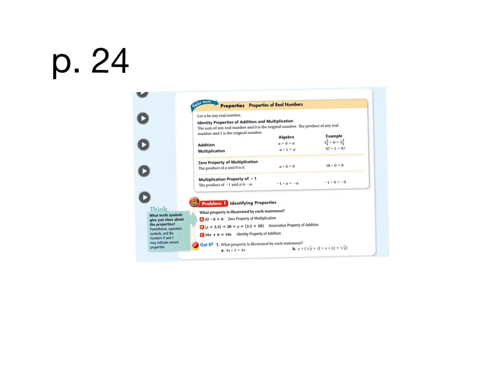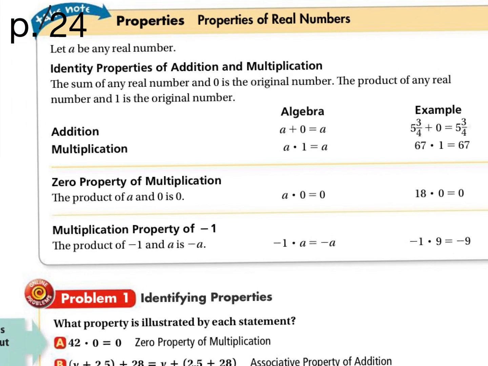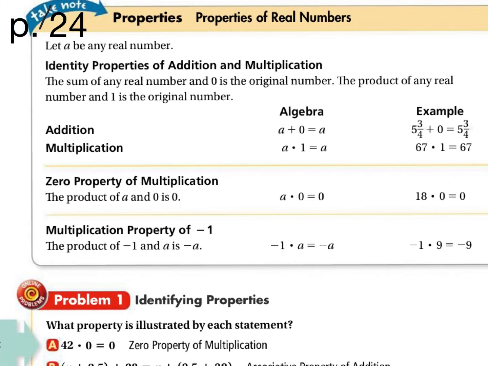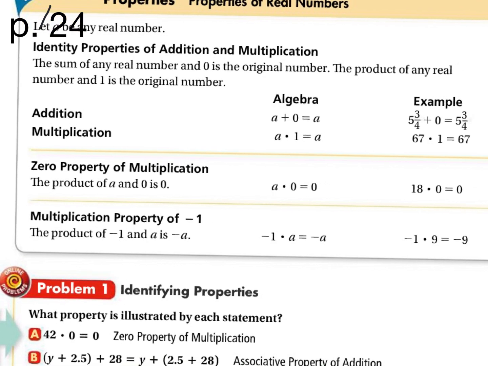Page 24, a few more properties. Some of these we're not going to worry about too much. I will mention them, but identity properties. Identity property of addition says if we add 0 to a number, then we get the same number we had.